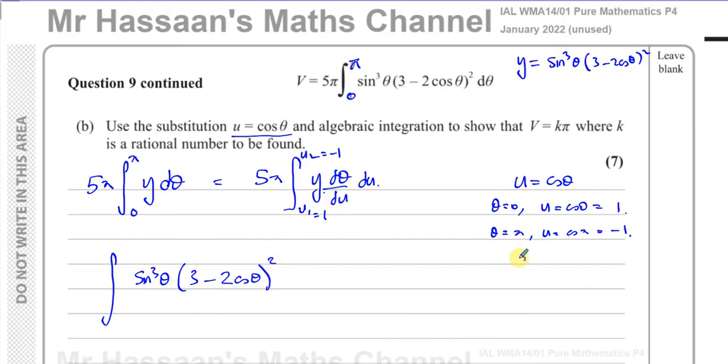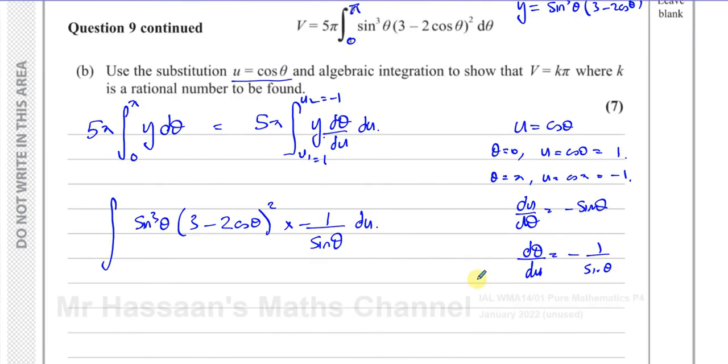So we know that du d theta, the differential of cosine theta, is minus sine theta. So d theta du, which we have to find, is the reciprocal of that, which is minus 1 over sine theta. So we multiply this by minus 1 over sine theta, and we're going to have du. Eventually we have to change everything so that we're left with only things in terms of cosine theta.